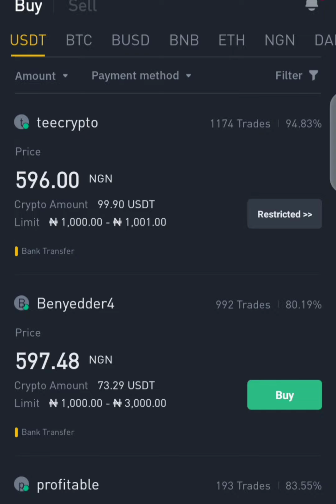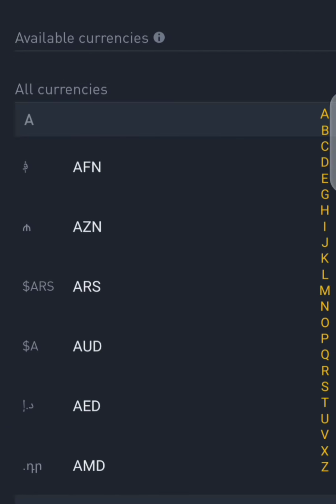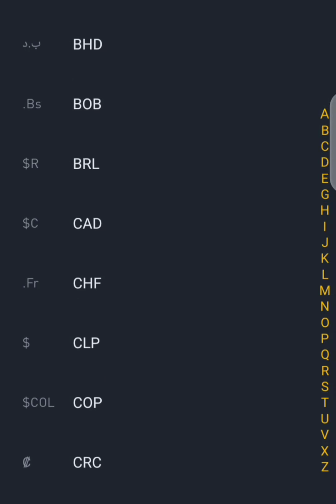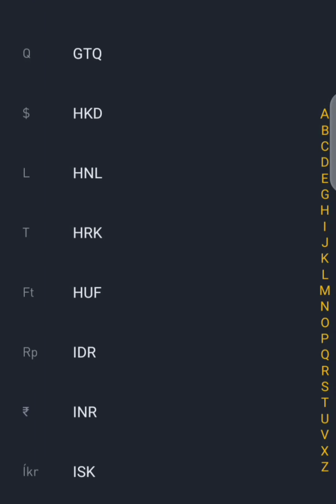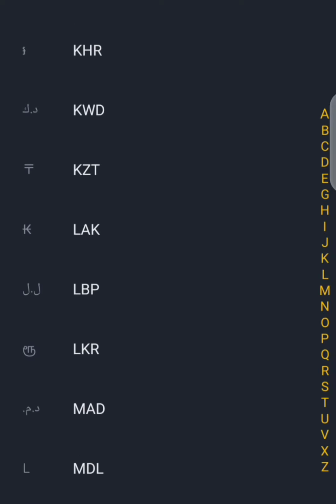Now if you go below the T Crypto, under it you will see price. The price is at 596 Naira, because I changed my setting to Naira. If you want to change your setting, you go up, at the top right, you see currency. Once you tap those two arrows, you will now see various currencies that you can change your P2P currency to.